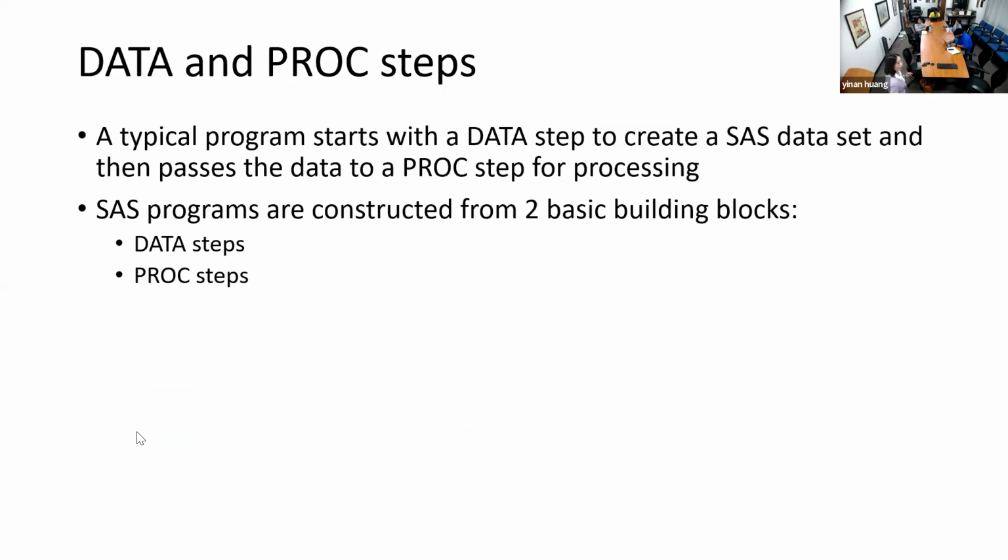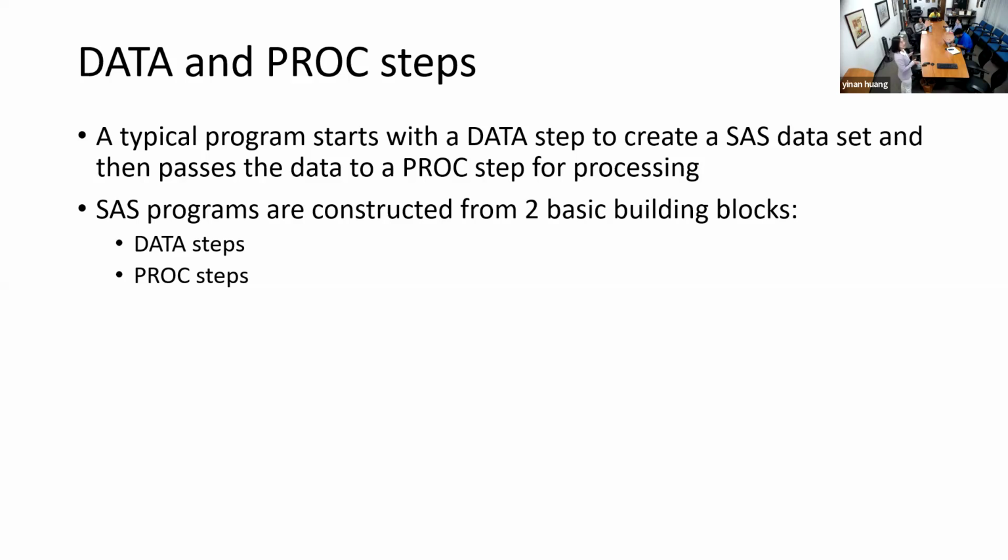Now, moving forward, after talking about SAS language, we will again emphasize SAS statements. SAS programs consist of either data steps or proc steps or a combination of both. A typical program starts with the data steps that help you create SAS data sets or modify existing data sets, like adding a column or deleting an observation.